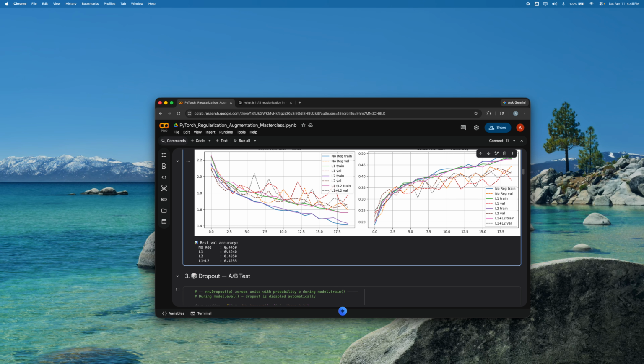This is the final output, these are the best validation accuracies. No regularization was 44% accurate, whereas L2 was 42, L1 42, L2 43, and L1 plus L2 is 42.5. So it means the L1 L2 regularization did not make much of a difference, it only reduced the performance.